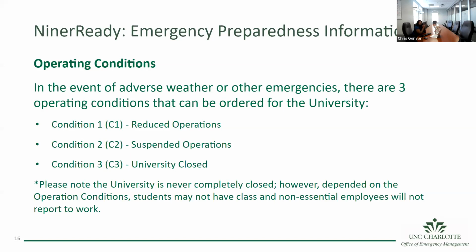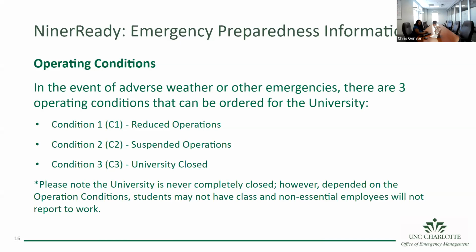Condition 2, or C2, would be suspended operations, and at that time classes could be canceled entirely. It just depends on the situation. And then condition 3, the university is closed. And by closed, we generally mean that students don't have to go to class. If you don't live on campus, you don't have to report to campus.